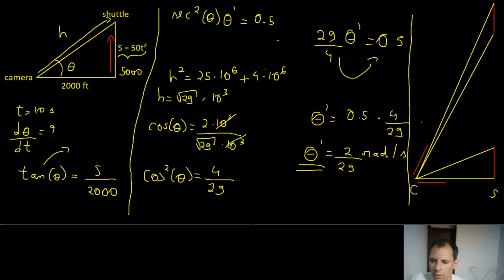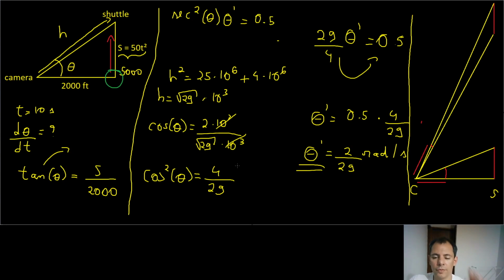At this distance here, look at the change in angle. Now at this distance here, it's a tiny thing, you can barely see it. So the rate of change in the angle is maximum at this point right here, and as the shuttle goes up, the change in theta with respect to time is just going to get smaller and smaller. And that's it, guys.